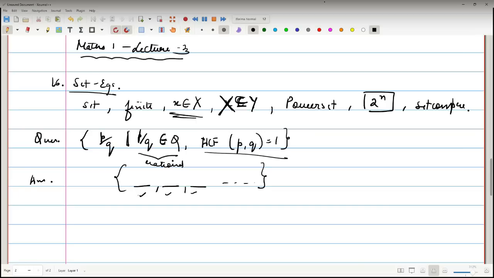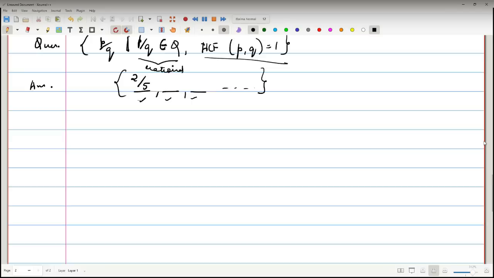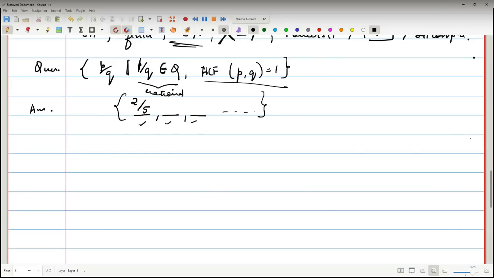Okay, let's try to see this. Let's say I write 2 by 5. The factors of 2 are 1 and 2, and the factors of 5 are 1 and 5. So the only common factor is 1, right? So this is a correct element for this set. Now you tell me, 6 by 30.